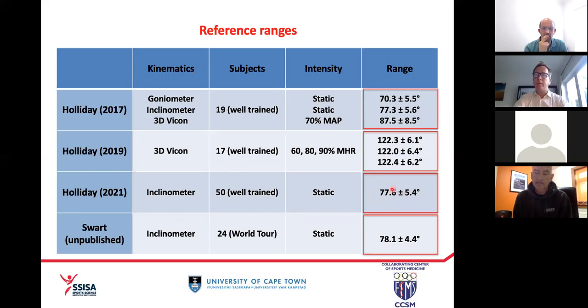We see a value of 77 degrees plus or minus 5, and we have data which we will be publishing in the next couple of months on world tour cyclists measured in exactly the same way. And lo and behold, we find a value that is well within the typical error of measurement. So 0.4 of a degree difference between 50 well-trained cyclists and world tour cyclists. So they adopt a very similar pelvic position.